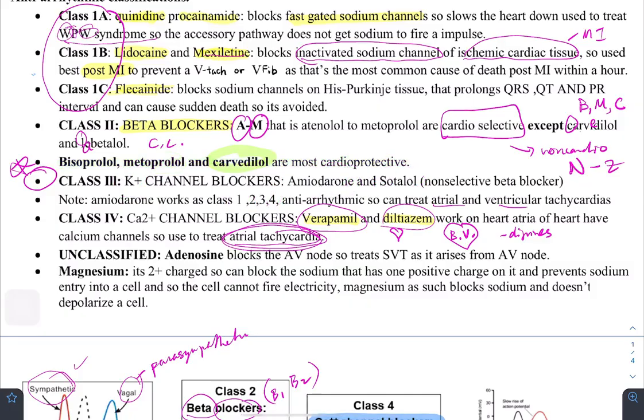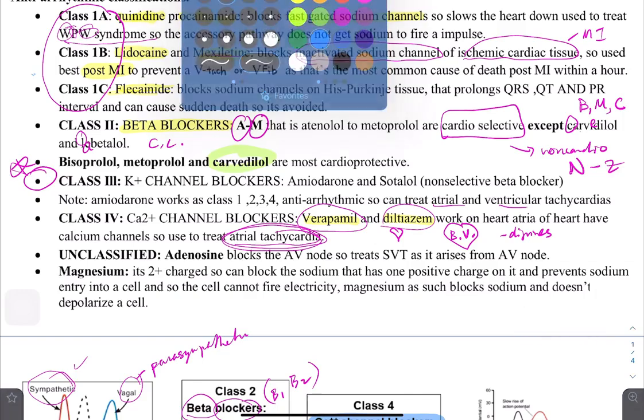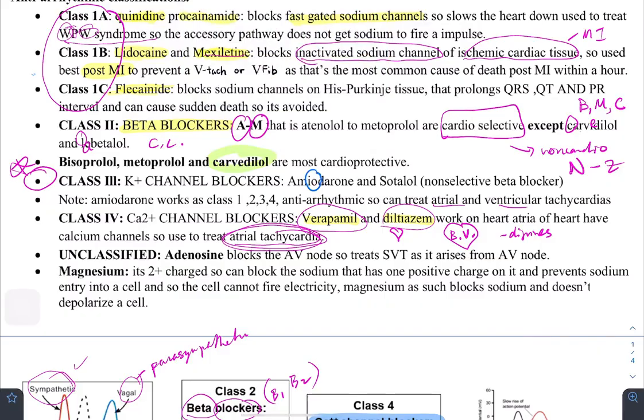Because this drug is commonly used, we always have to be aware of the adverse effects. If you take a look at amiodarone, it has this word IO in between. That's iodine, because its molecular structure consists of iodine, and for this reason, it can cause or affect hyper and hypothyroidism. So watch out for that.